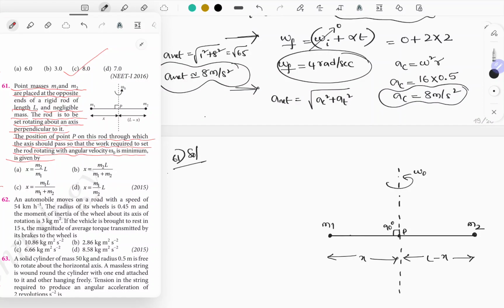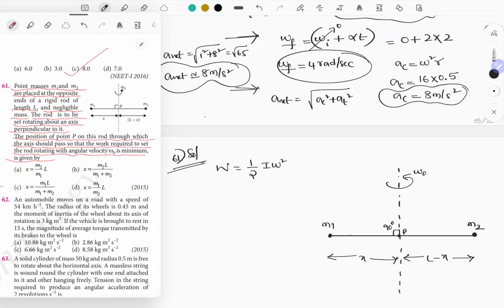First of all, they are going to have rotational kinetic energy, right? What's the formula for rotational kinetic energy? W is equal to 1 by 2 I omega square. This is the kinetic energy these two objects have, and that is the work required for us to rotate.